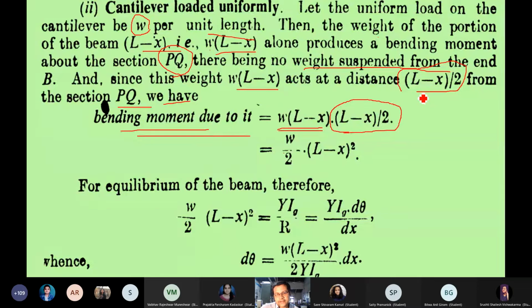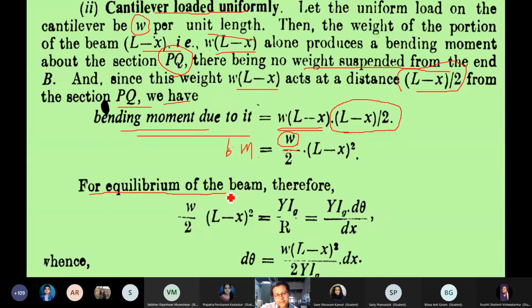Hope you understand why we take the average here. So w into L minus x is the weight acting over the length L minus x divided by 2. That's your expression for the new bending moment, which becomes w by 2, where small w is because of the uniform loading on the cantilever. So this is the case we are discussing right now.